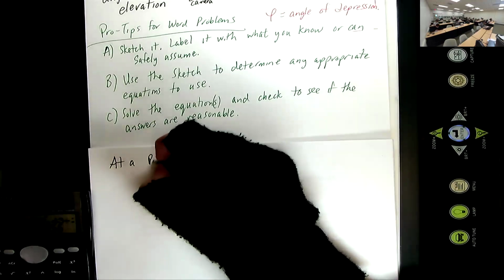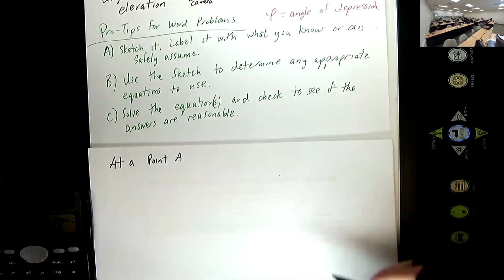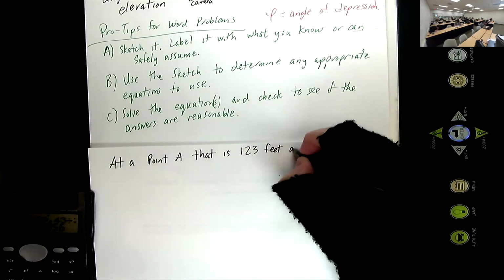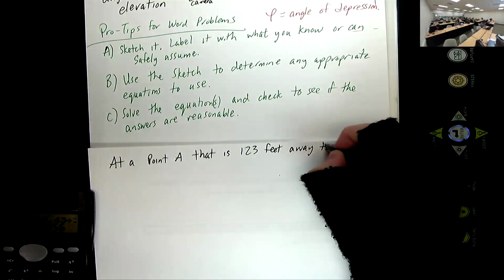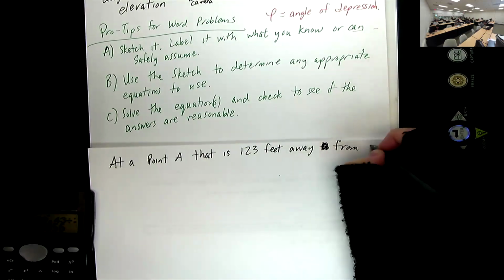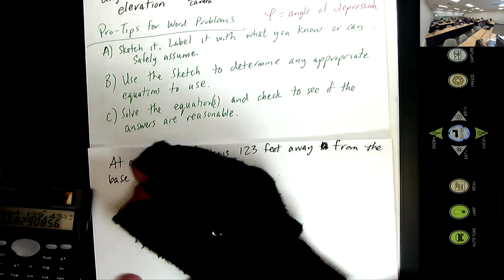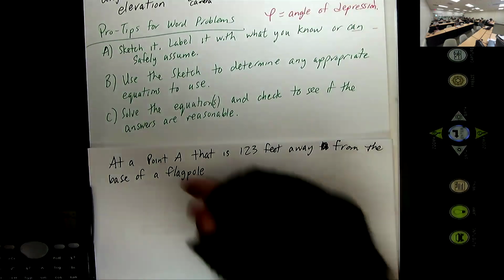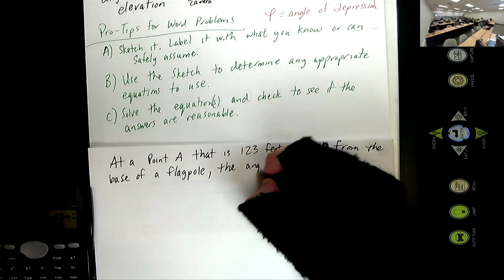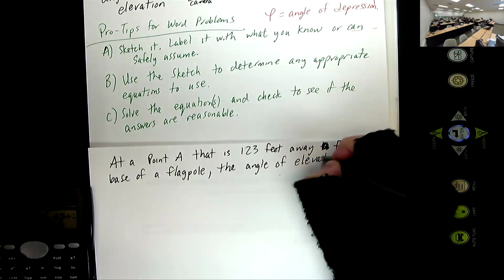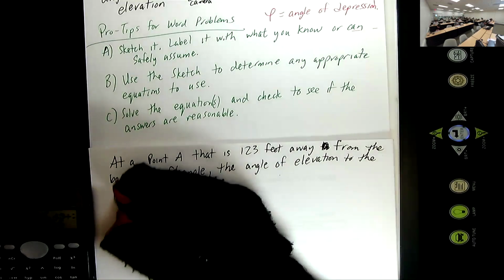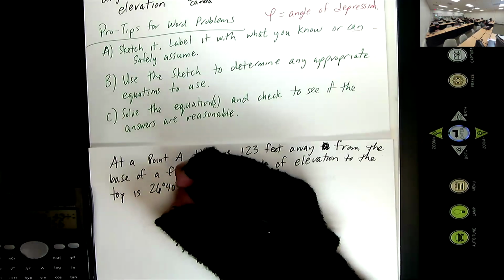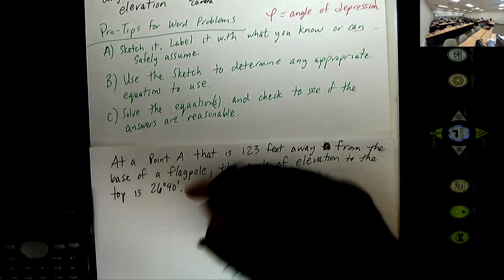At a point A that is 123 feet away from the base of a flagpole, the angle of elevation to the top is 26 degrees 40 minutes. Find the height of the flagpole.